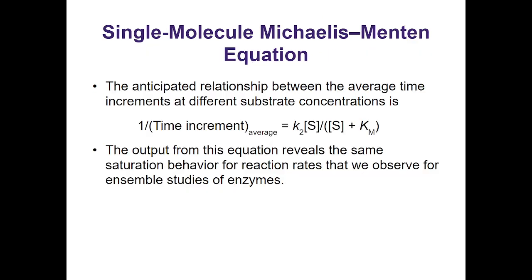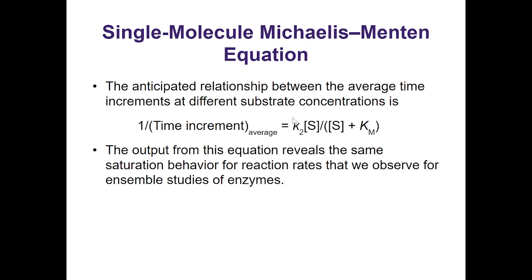The anticipated relationship between the average time increments at different substrate concentrations would be: 1 over the average time increment equals k2 times the substrate over the substrate plus the Km. Another way of thinking of this is the better it binds to stuff and the more substrate there is to do stuff, the more likely you are to have fast turnover, which is why these terms are in the bottom here.